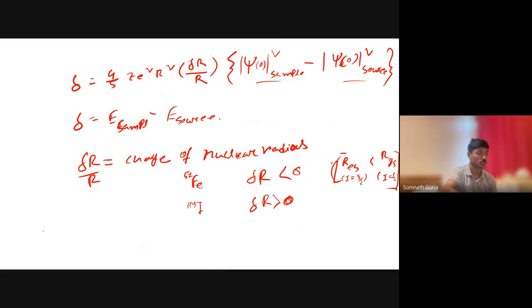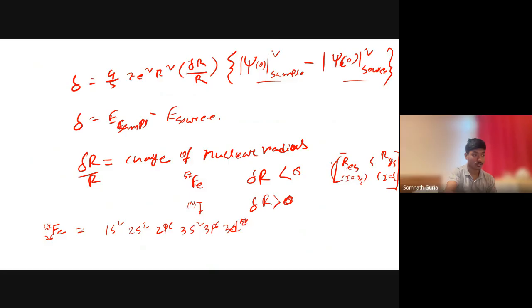Now let's talk about my iron electronic distribution, where my electrons are present. In a complex form, iron 57, atomic number 26, the electron distribution will be 1s2, 2s2, 2p6, 3s2, 3p6, and 3d10.